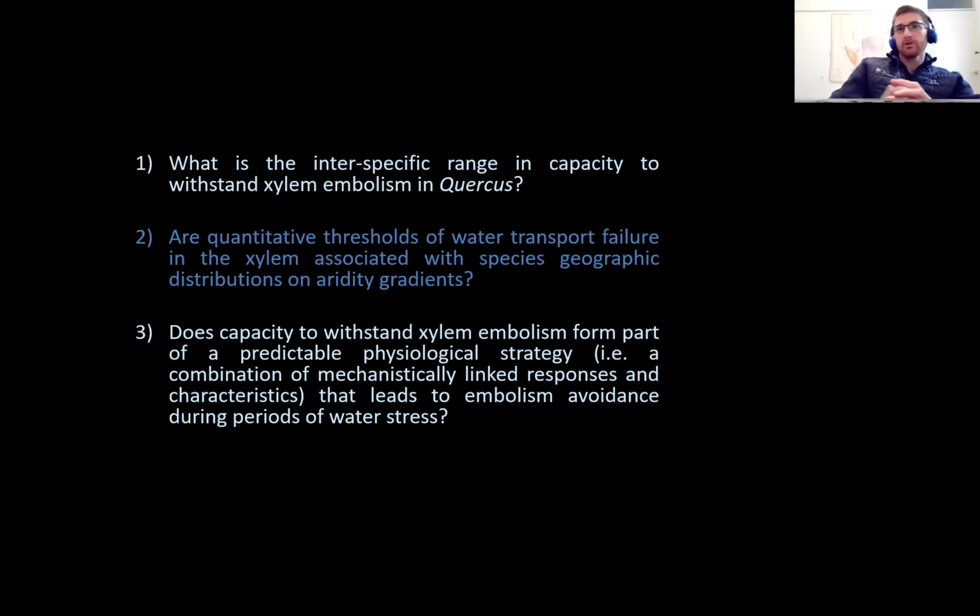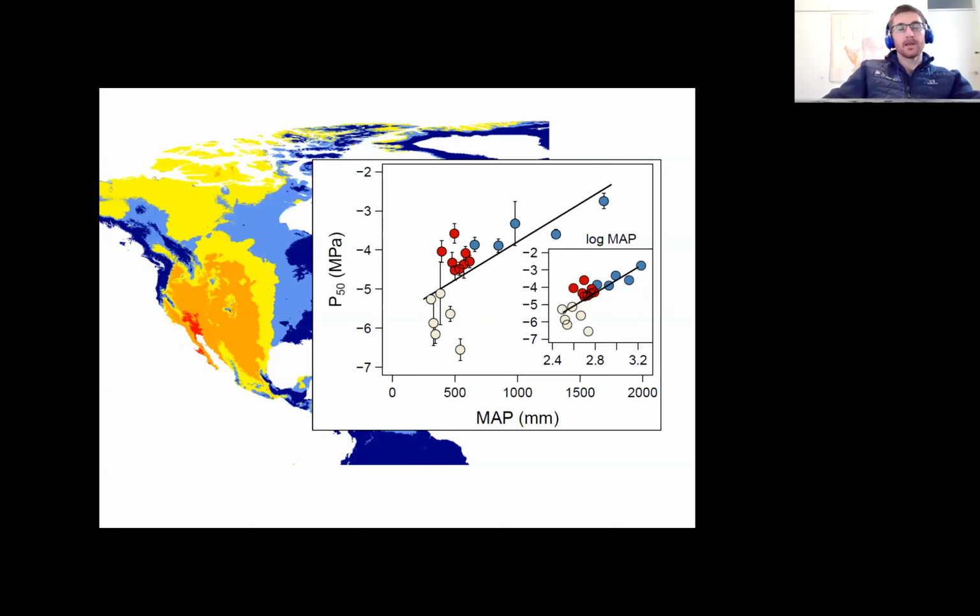So the next question we can try to address is whether these physical tolerance thresholds agree with the climatic niche of these species. And what we see is that climate predicts quite nicely the variation in P50. And again, this pattern is somewhat different to what we've seen based on some of the data that are in the literature, where there are a lot of very vulnerable species occurring in some very dry environments.